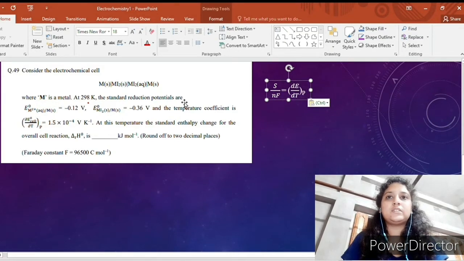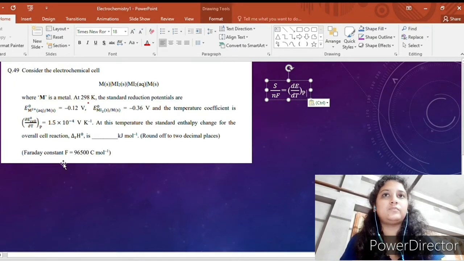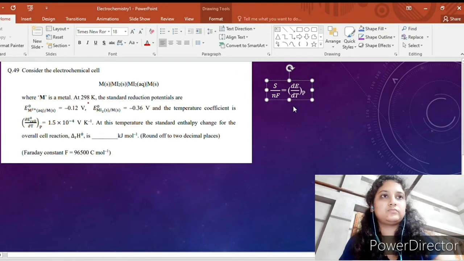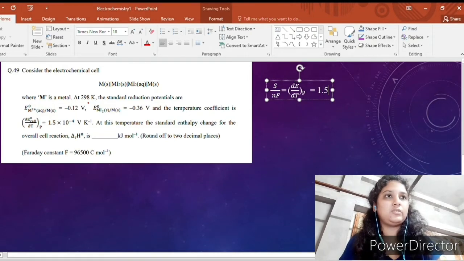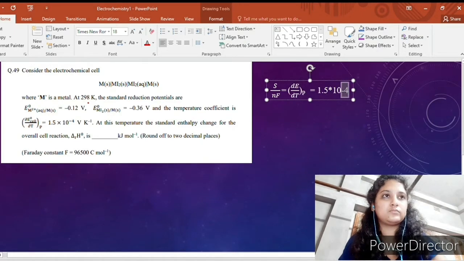This value is given, equal to 1.5 into 10 to the power minus 4 volt per Kelvin.